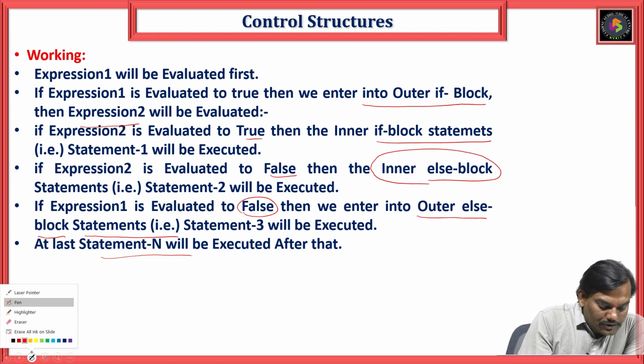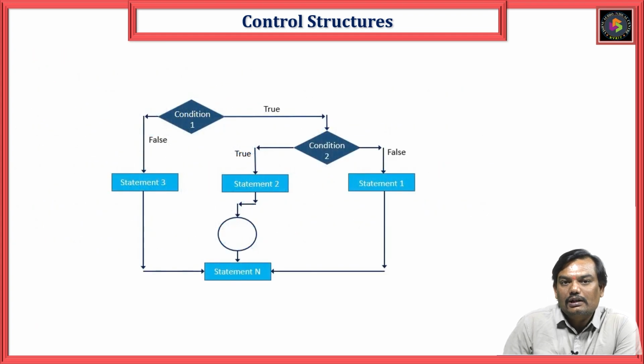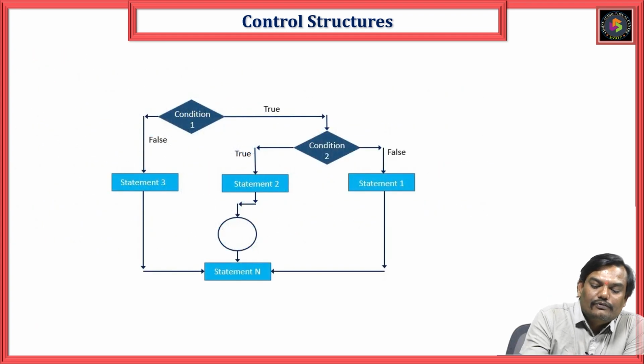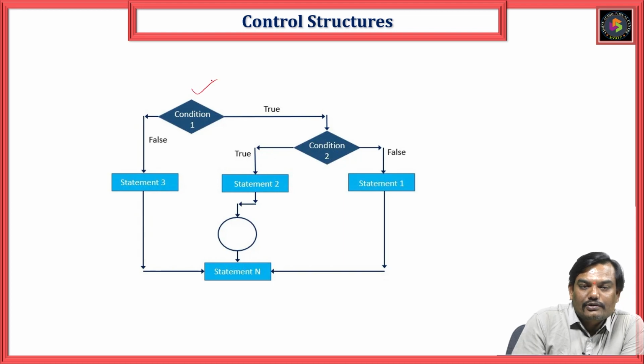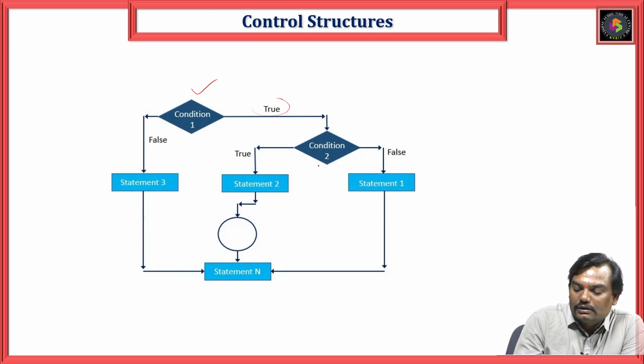When we use this nested if-else in our program, what is the control flow? The first condition is tested. If the condition is evaluated to true, then the control travels in the true path and enters the outer if statement, and the second condition will be tested.